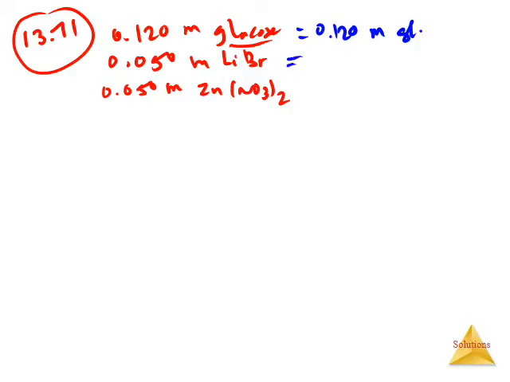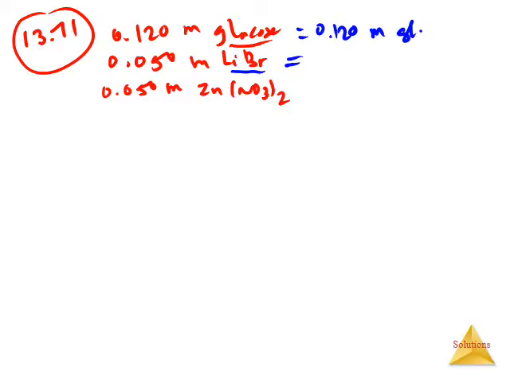Lithium bromide breaks down into Li+ and Br-. So you're going to get 2 particles per lithium bromide, and each of these particles would have a concentration of 0.050 molal. Think of it this way: if one lithium bromide breaks down, you get one Li+ and one Br-.